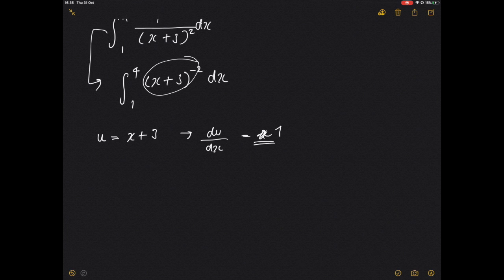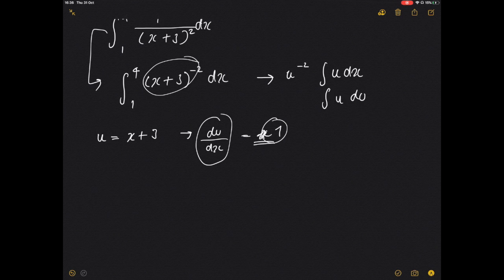Then we have u to the power of minus 2, so the integral of u to the minus 2 du divided by 1, which doesn't matter.